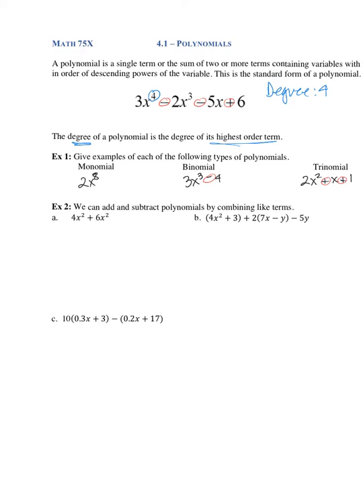Okay, so here it's 1, 2, 3, 4 different terms. Here there's one term. That makes a monomial. Here there's 2 different things separated by subtraction. So there's 2 terms.